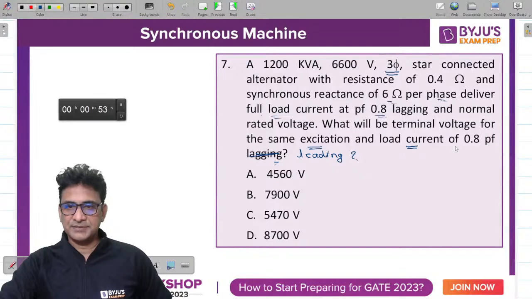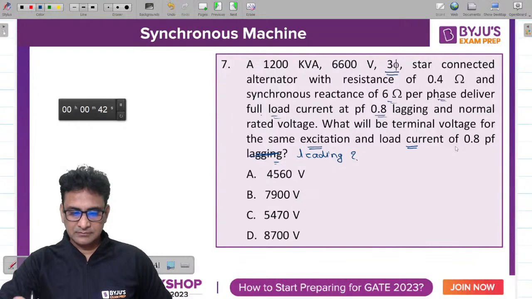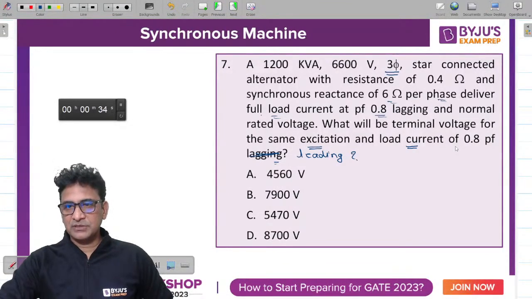Fifty seconds left. In both conditions, the excitation is the same. We are not changing the excitation.